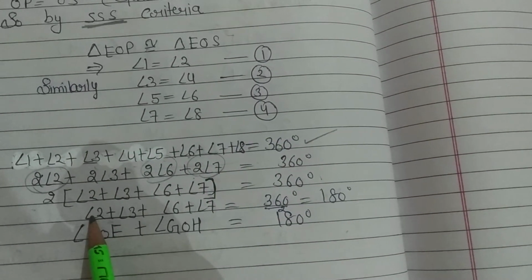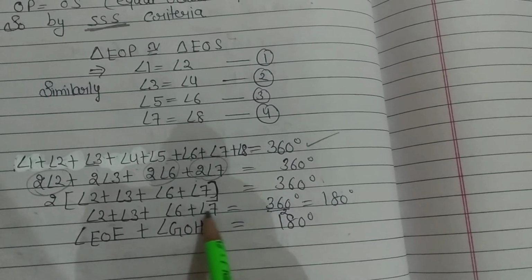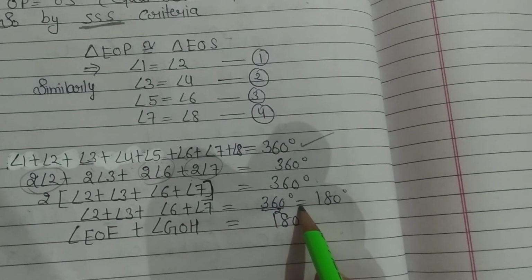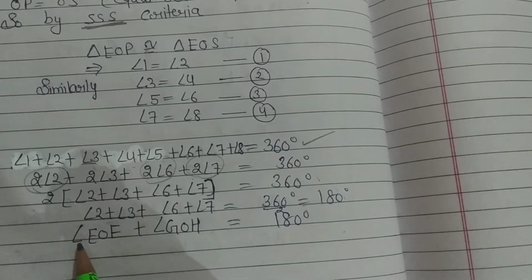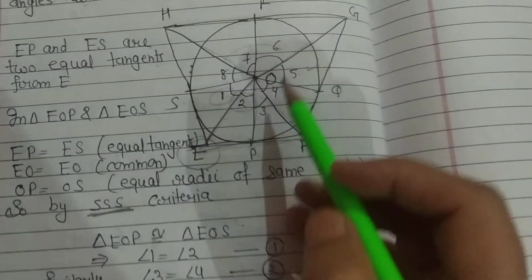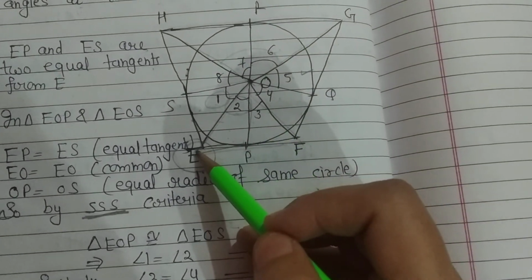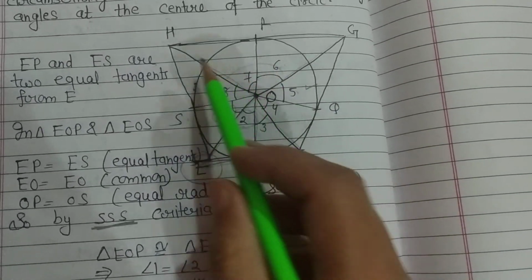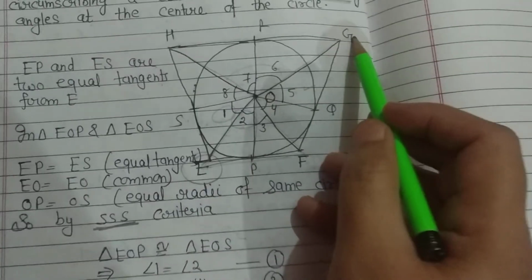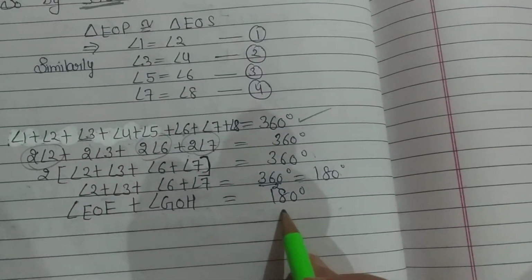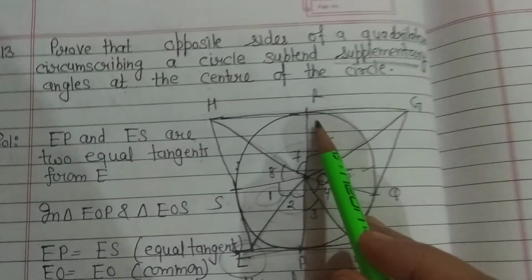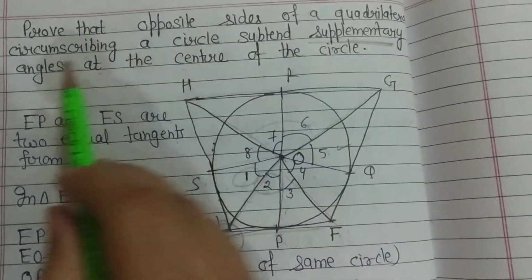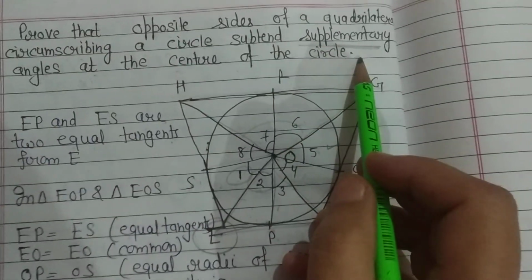So the value of angle 2 plus angle 3 plus angle 6 plus angle 7 is coming 180 degrees. Now angle 2 plus 3 is angle EOF, and angle 6 plus angle 7 is angle HOG. So their sum is coming 180 degrees. So they are forming supplementary angles at the center of the circle.